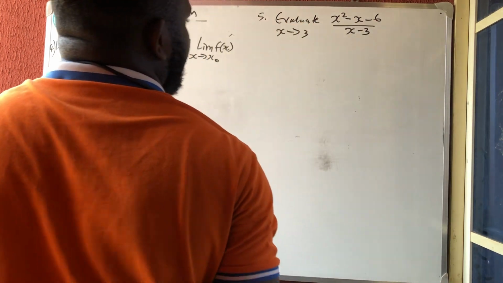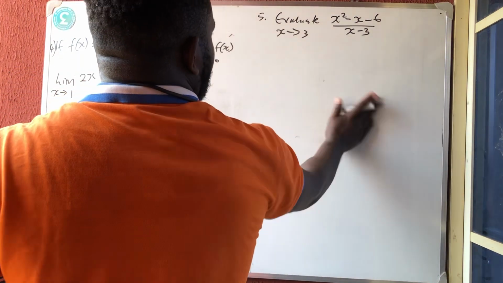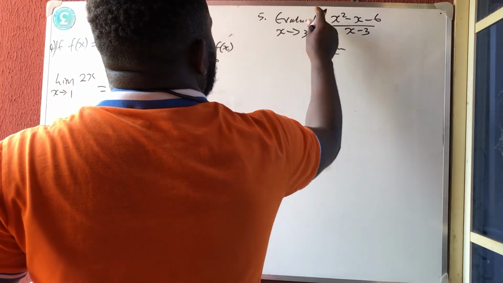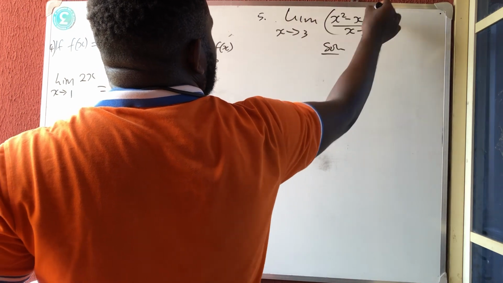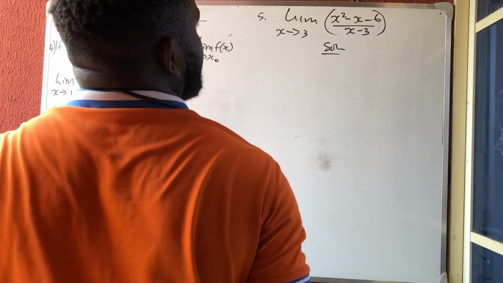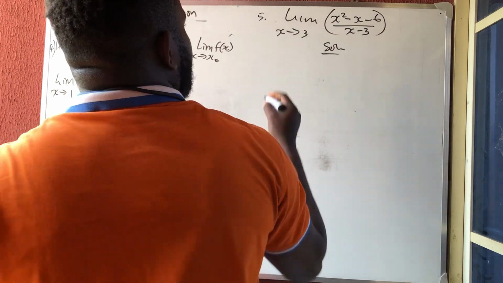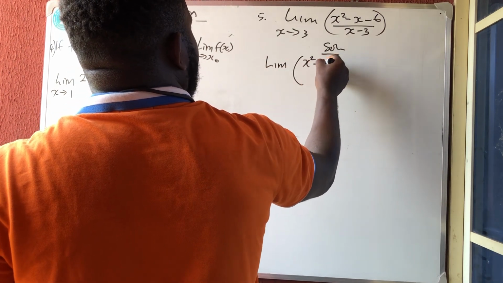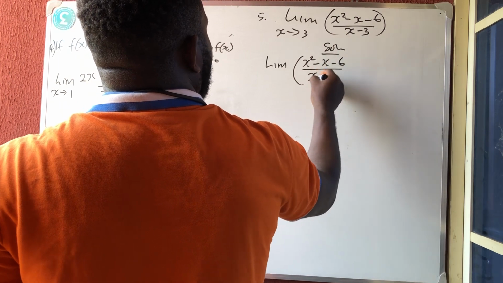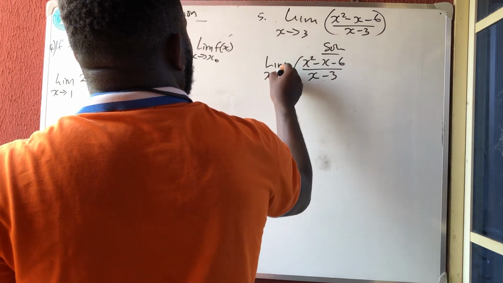Now if you look at this, what do you do? Let us solve. Solution: the limit of x squared minus x minus 6 all over x minus 3 as x approaches 3.